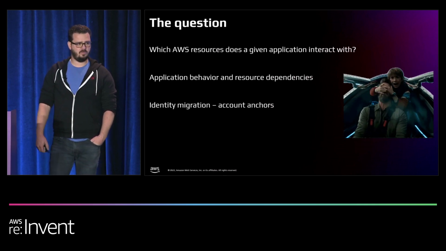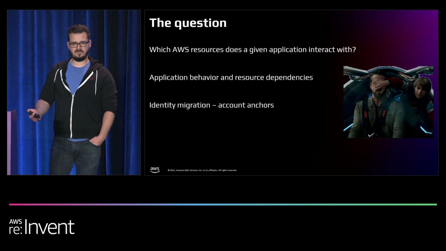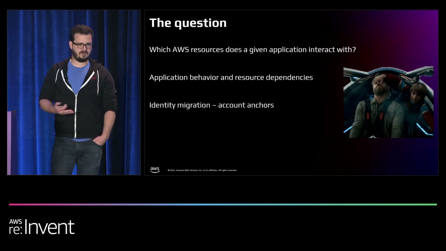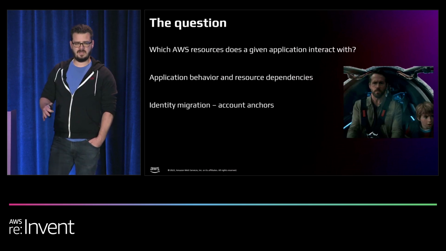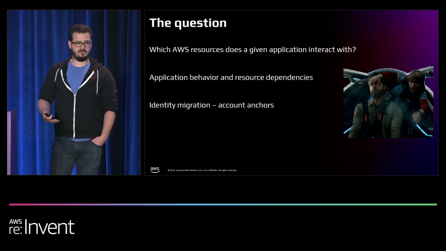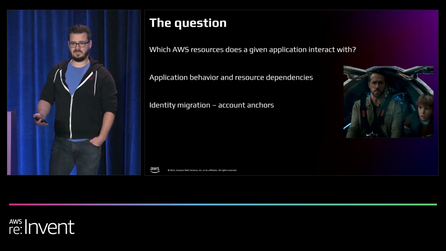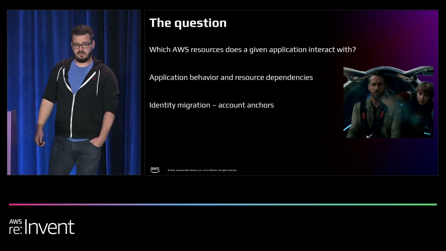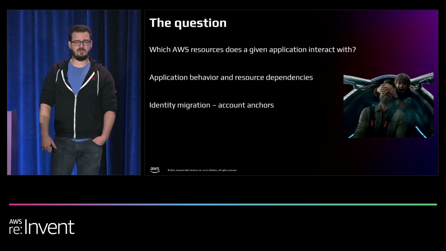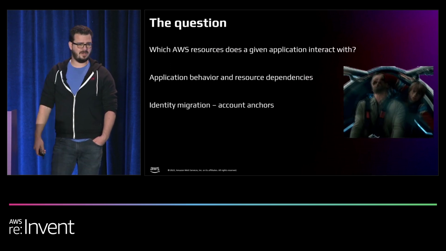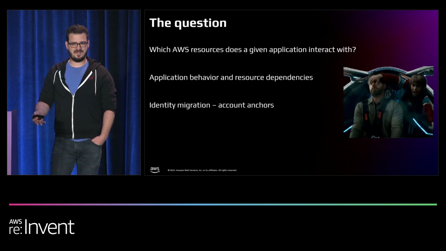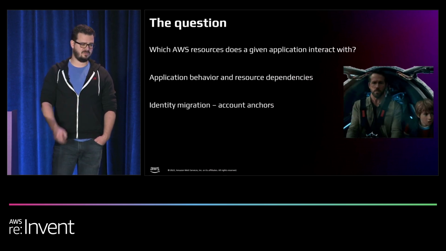If we couldn't determine which resources in an account an application needed continuous access to after migration, then migrating that application before those dependencies were figured out and resource policies updated to allow continual access to them would result in a breakage. We term these resource dependencies account anchors. So we needed the dependency data in order to identify and then lift those account anchors.